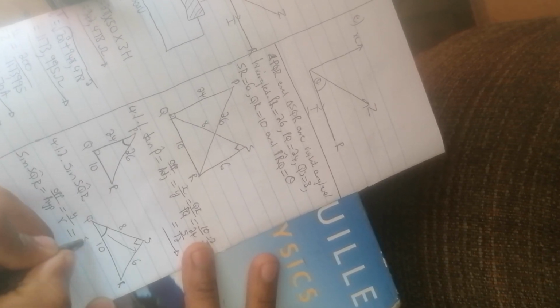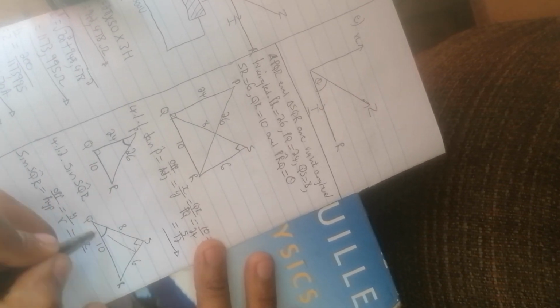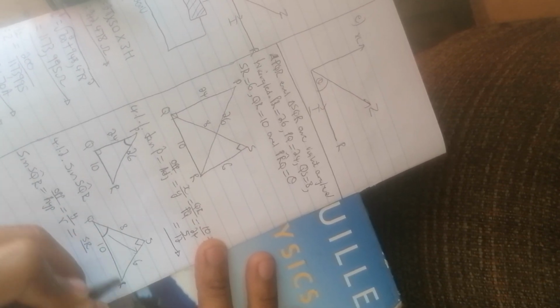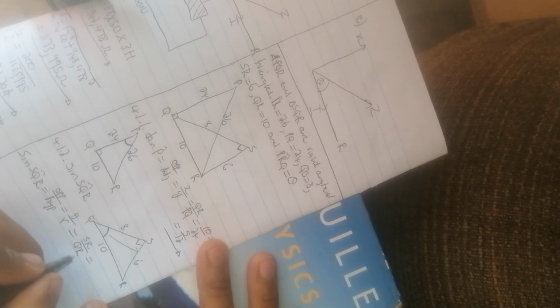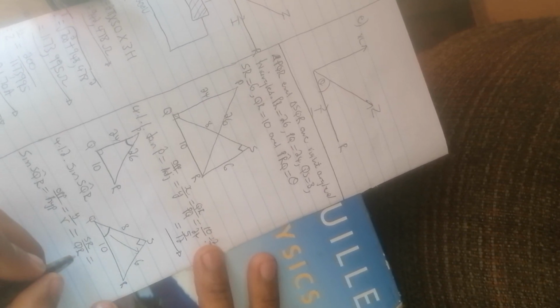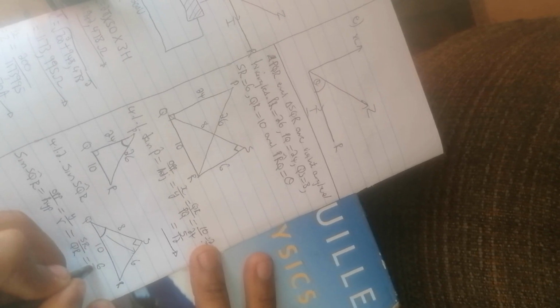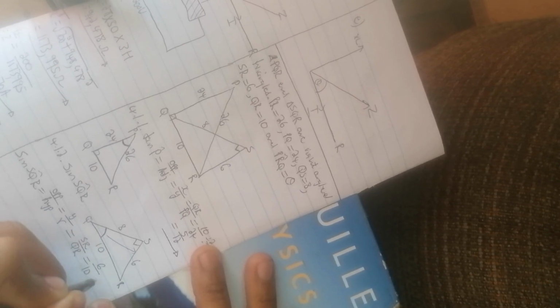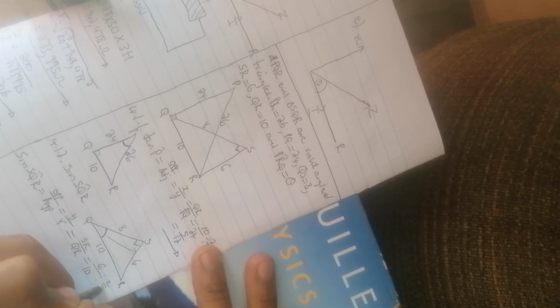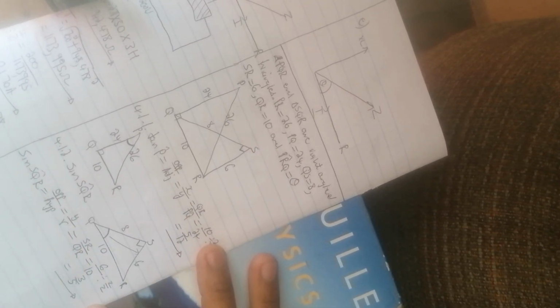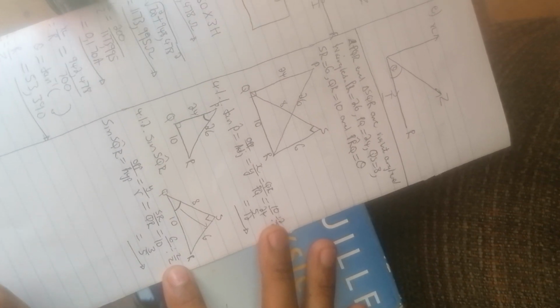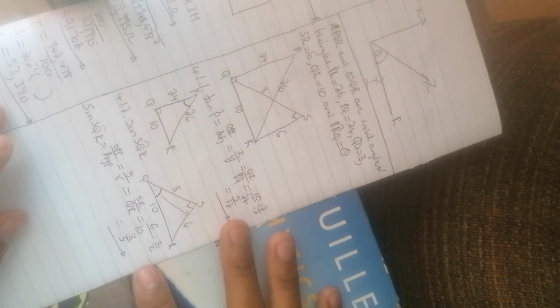So that will be SR divided by the hypotenuse, which is the side which the 90-degree angle points to. So this is QR, and the value would be the value of SR, that is 6 over 10. I can divide by 2 to find 3 over 5. And that becomes the answer for this.